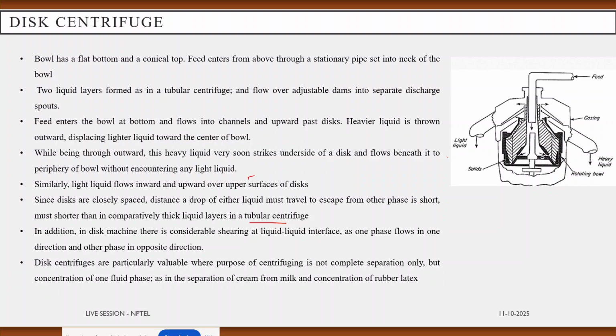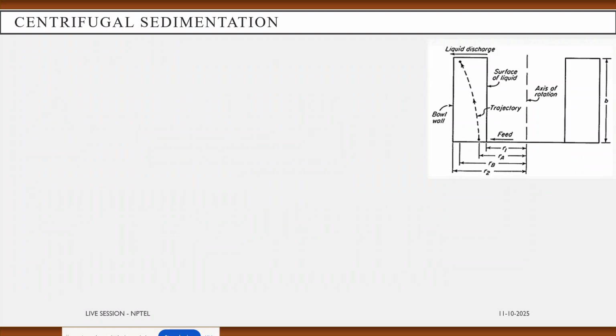Disc centrifuges are particularly valuable when the purpose of centrifuging is not complete separation only, but concentration of one fluid phase is very important. Now we are going to discuss the centrifugal sedimentation process.